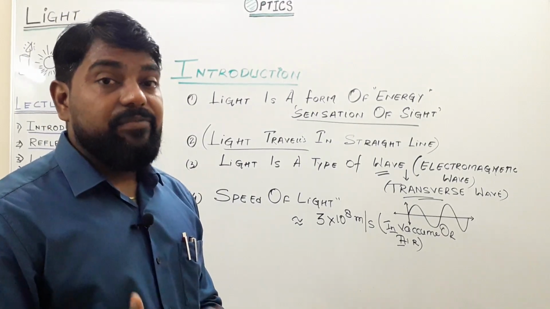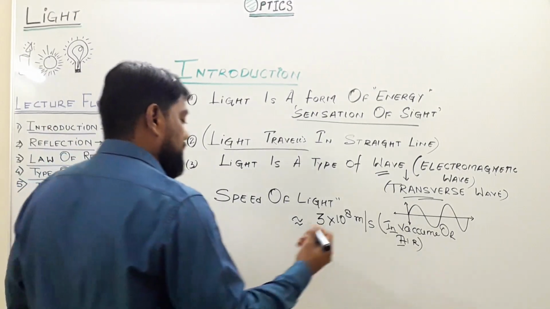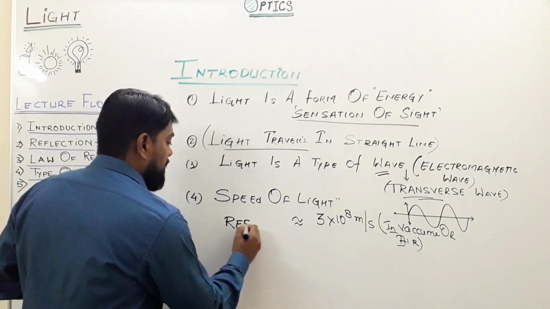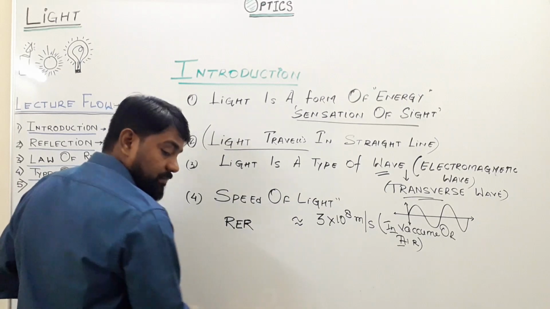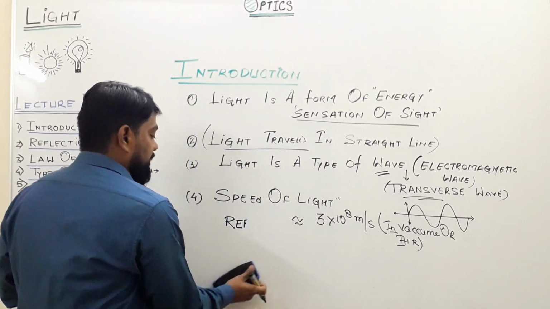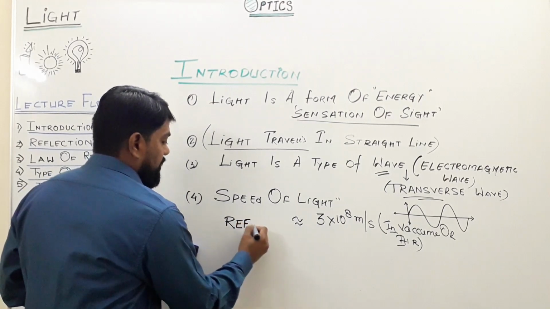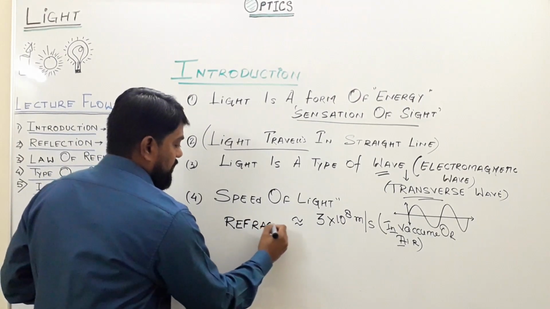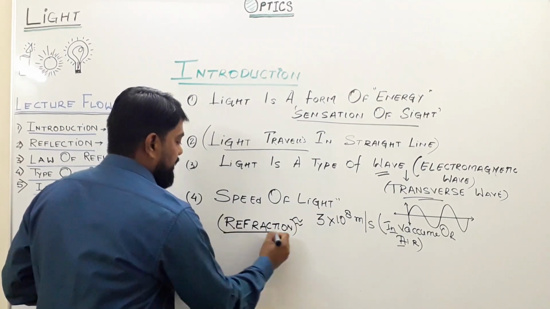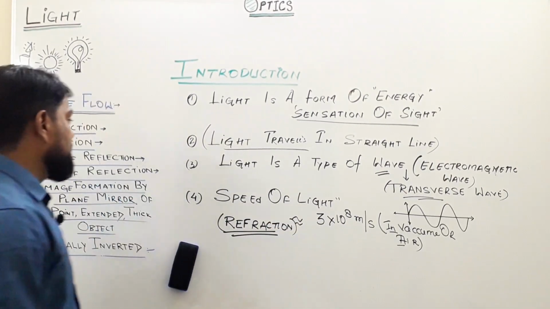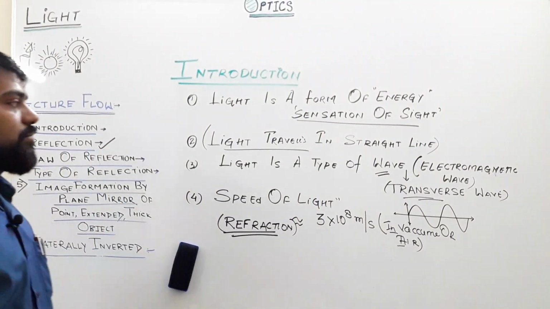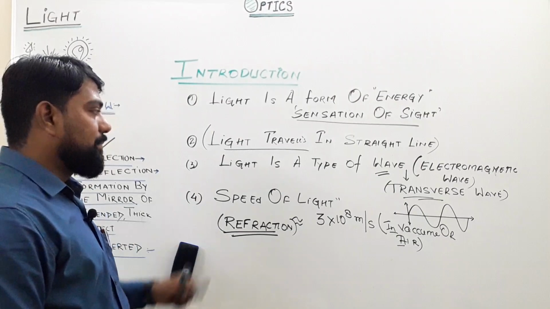I will just mention the name here. Refraction. And the topic which we are going to discuss firstly, that is what? Reflection. So reflection and refraction both we will cover in this chapter.